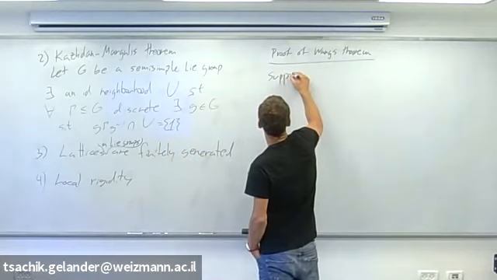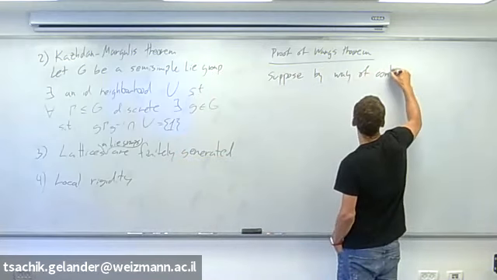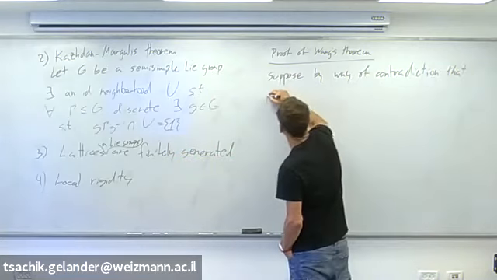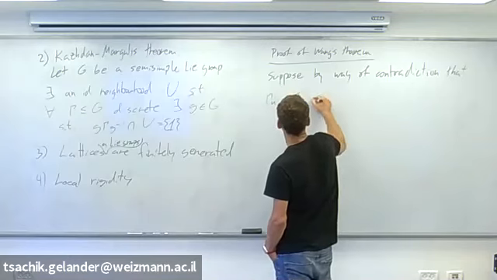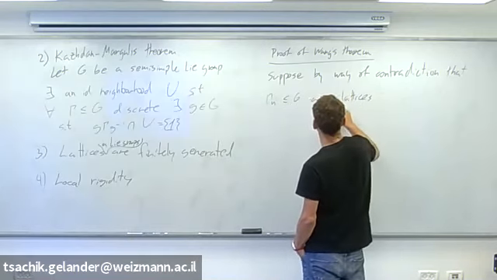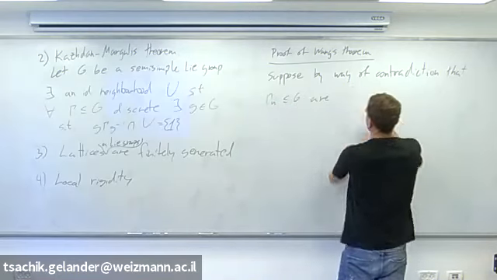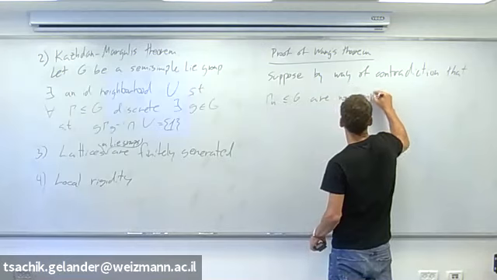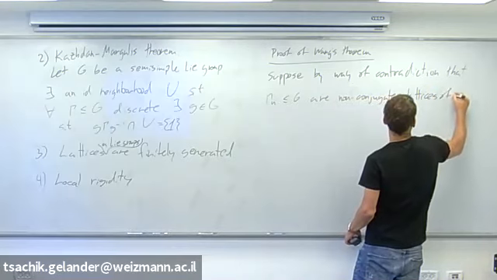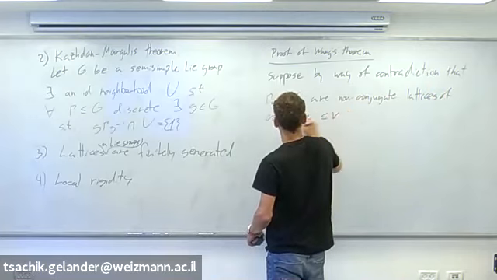So suppose, by way of contradiction, that Gamma_n in G are non-isomorphic, non-conjugate lattices of volume bounded by something.